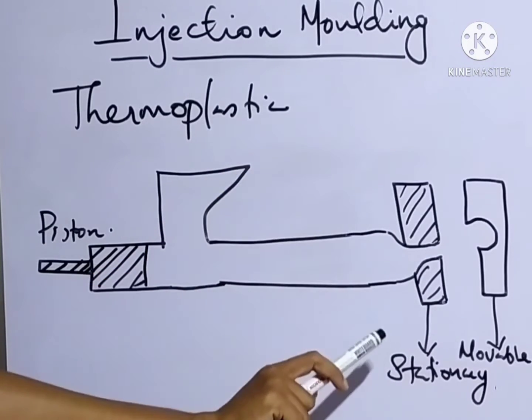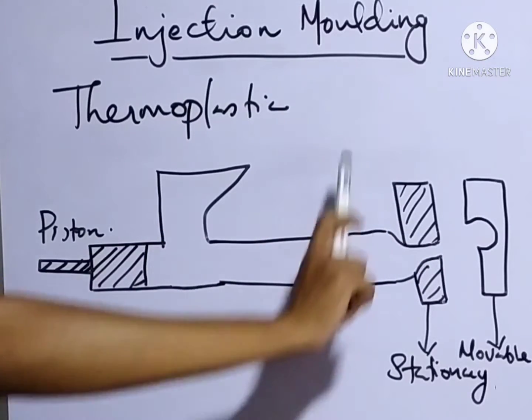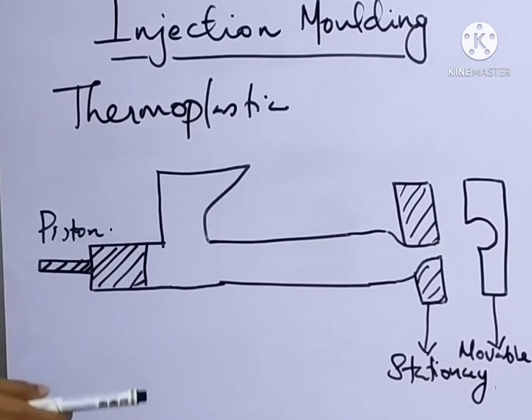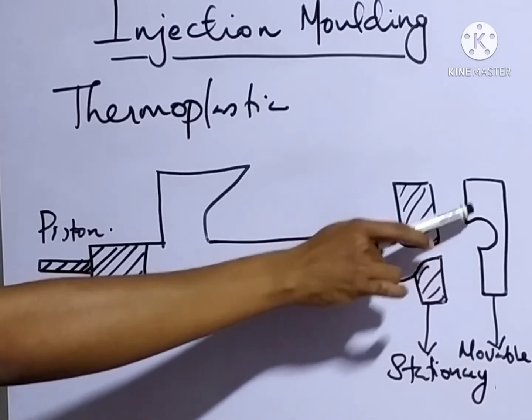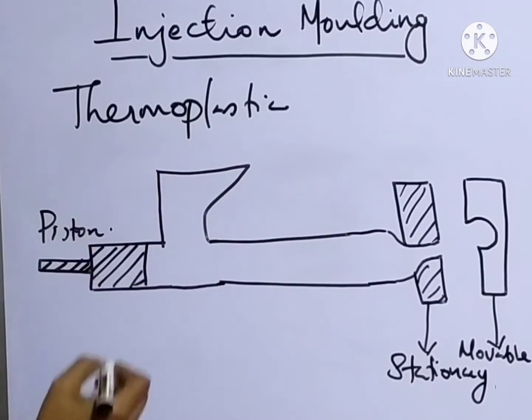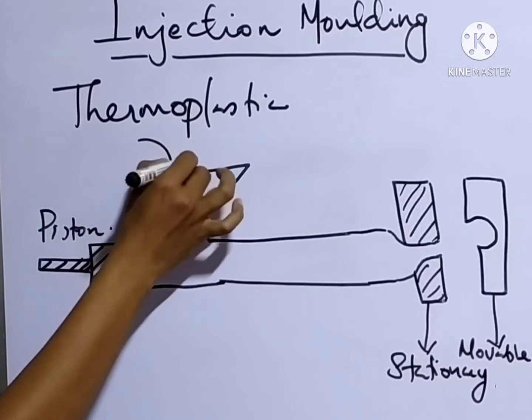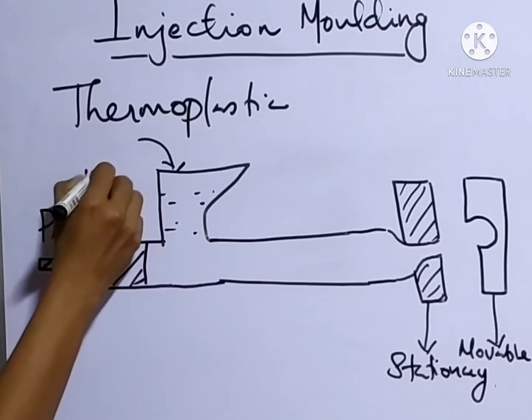So the molded material possesses the shape of the cavity. If you want to prepare a circular article, then we have to choose a mold containing a circular cavity. Then during the molding process, our polymer is poured through this hopper.